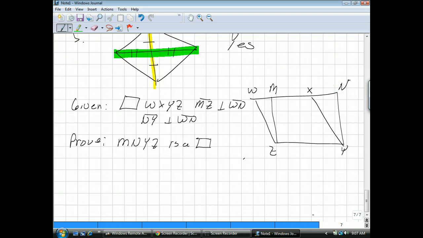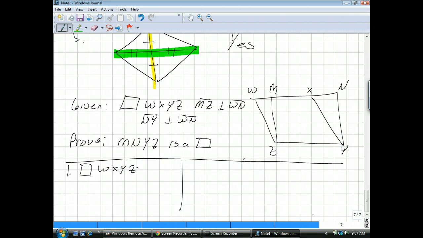Okay, and let's see. So number one, we know that WXYZ is a parallelogram because that is given. Okay, so WXYZ.